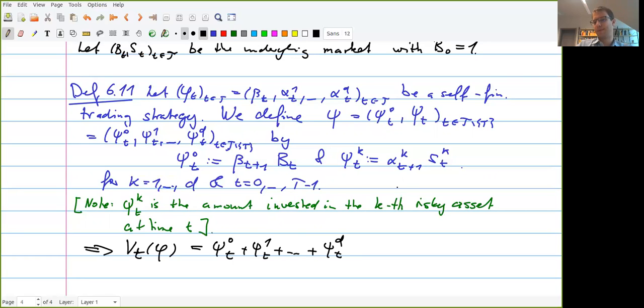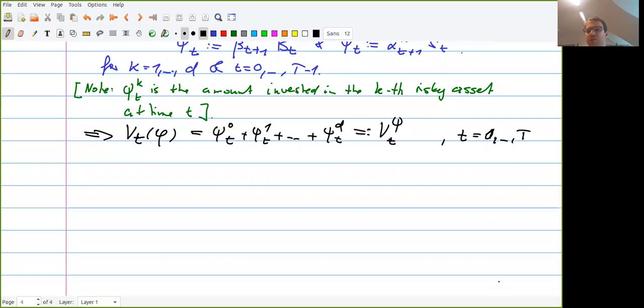Let me call this V of psi at time t, the sum over k from 0 to D. This is a nice expression.